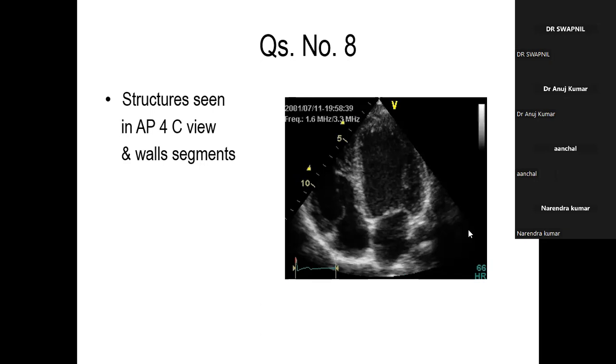We put a pulse Doppler at the site of that region. Narendra is correct. If you put a pulse Doppler into it, it will show arterial, pulsatile blood flow, whereas if it's a vein, it will show respiratory variations.